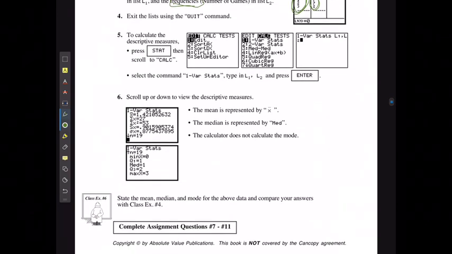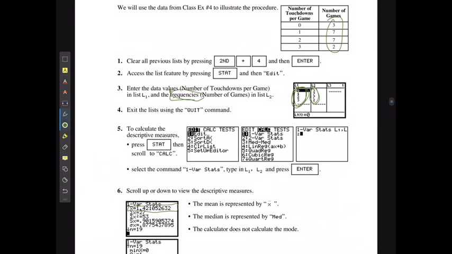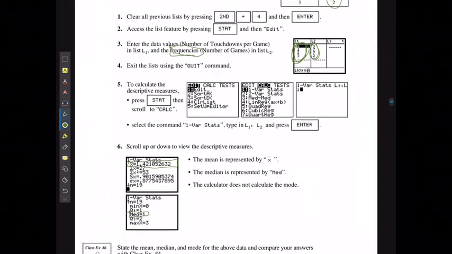And when you do the calculate, it's going to work the same way, where you're going to find your mean with the x on the line on top. You're going to find your median, where it's just med, and then your mode, you're just going to have to look at the list and pull it from there.